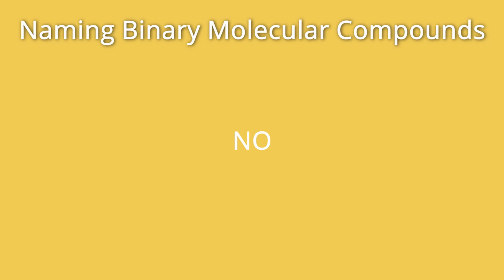We look at it and we see, oh, okay, it's got one atom of nitrogen. Normally it would be mono, but because it's the first one, we don't need to do that. So it just becomes nitrogen. And then we look at the second one. We say, okay, there's one oxygen, so that becomes mono. And then we take the oxygen and we add an "ide" to the end. And so this becomes nitrogen monoxide.